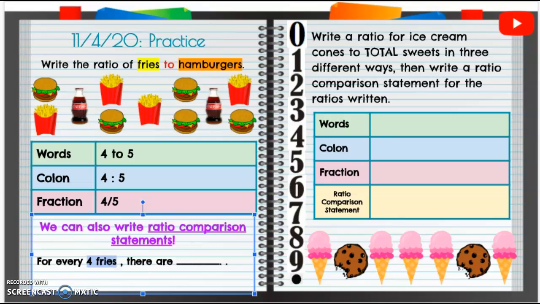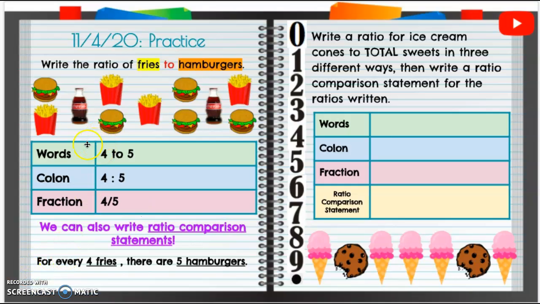So for every 4 fries, there are how many hamburgers? 5 hamburgers. So for every 4 fries, there are 5 hamburgers. So that is our ratio comparison statement.